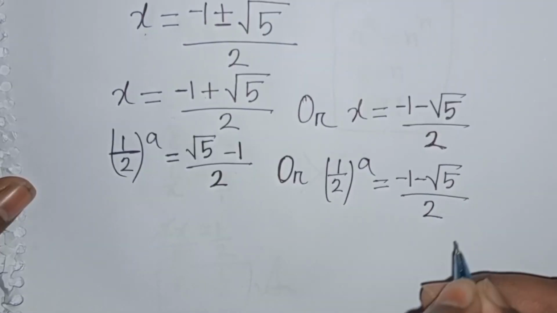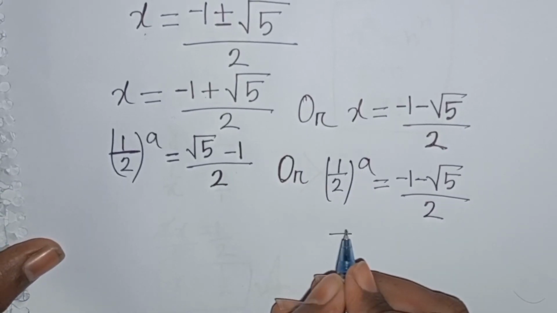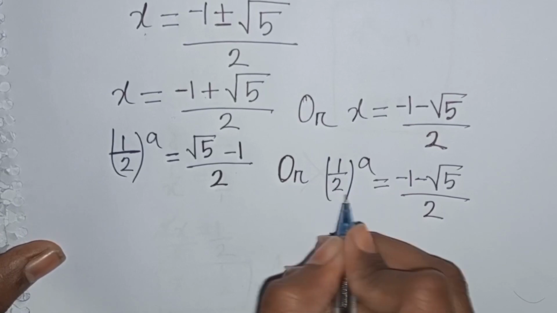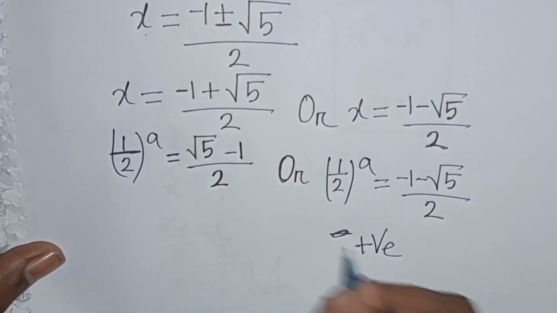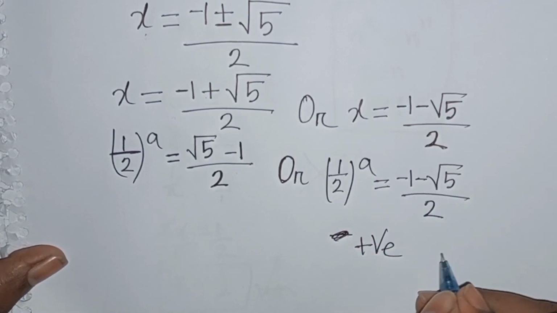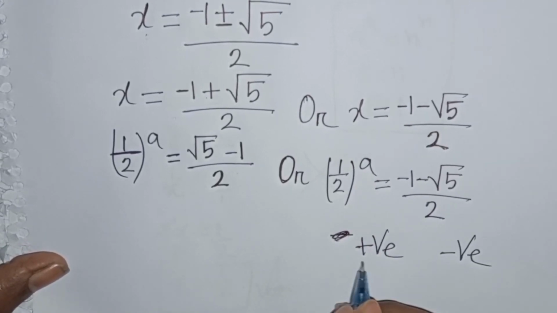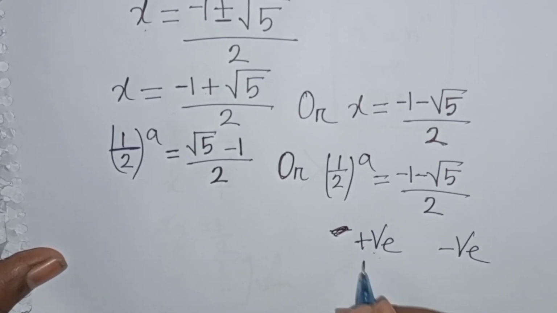Now 1 by 2 bracket power any number is always positive, but minus 1 minus square root of 5 divided by 2 must be negative. So positive cannot be equal to negative, so this is rejected.